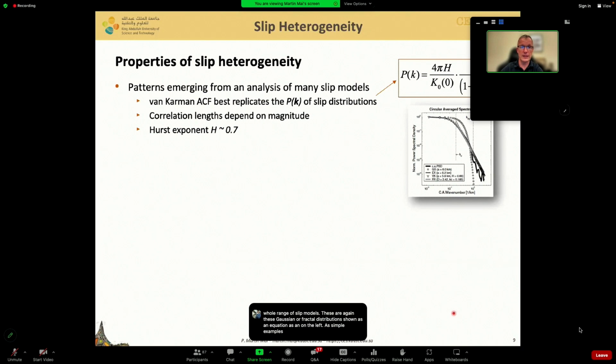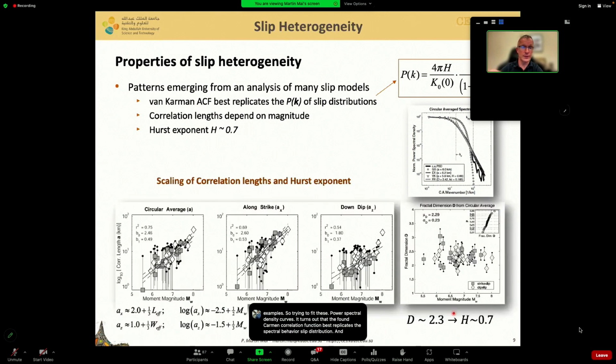So trying to fit these power spectral density curves, it turns out that the von Karman correlation function best replicates the spectral behavior of slip distribution. And it turns out that the correlation lengths depend on magnitude, and the Hurst exponent, H in the equation at the top, is pretty constant for all these rupture models that we had at that time.